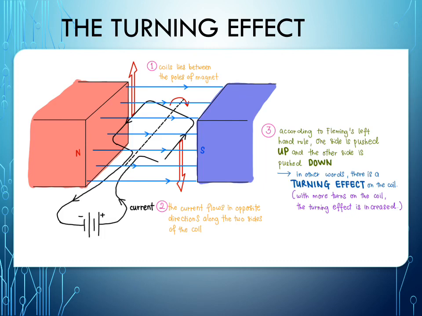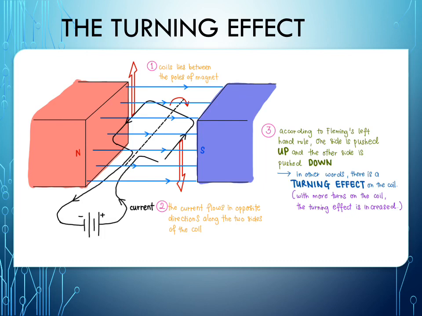Okay, so bahagian kiri coil tu, dia bergerak ke out of the page and bahagian kanan bergerak into the page. So dia bertentangan. Alright, so number 3, according to the Fleming's left hand rule, one side is pushed up.